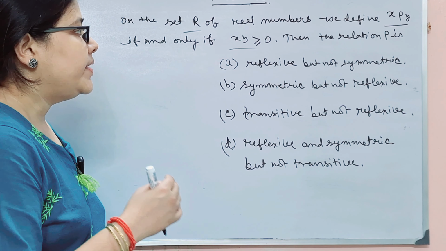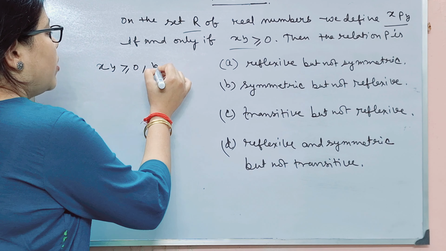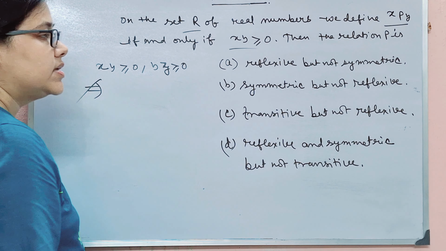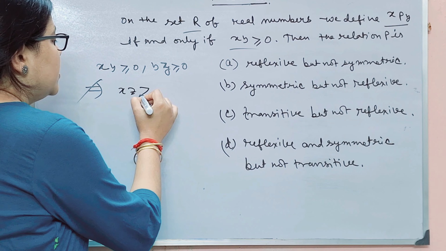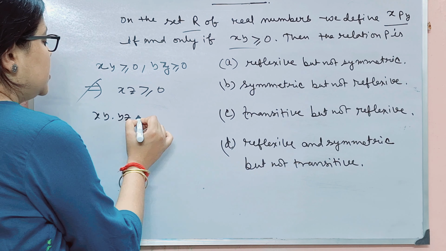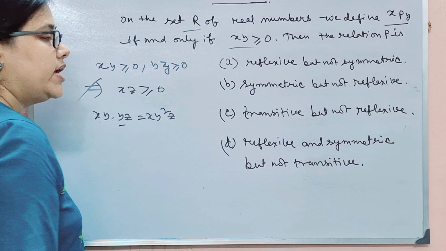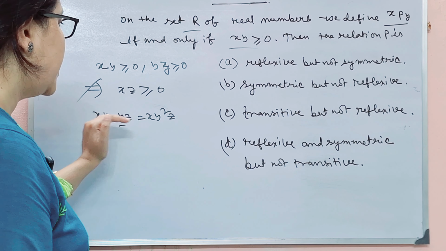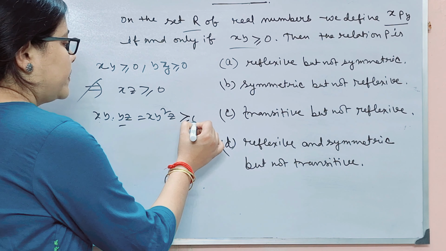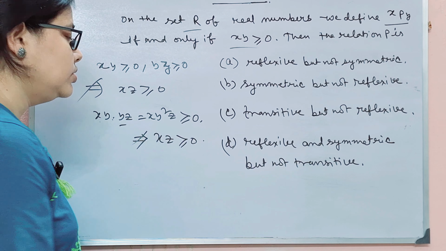Now we have to test whether P is transitive or not. Now xy greater than or equal to 0 and yz greater than or equal to 0 does not necessarily imply xz is greater than or equal to 0, because xy times yz equals x y squared z. xy is greater than or equal to 0, yz is greater than or equal to 0, so their product x y squared z is greater than or equal to 0, but this does not necessarily imply xz is greater than or equal to 0.